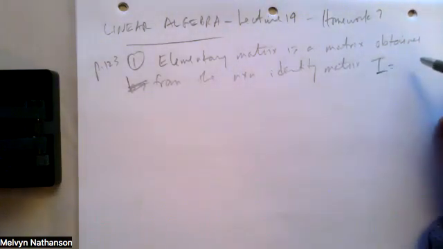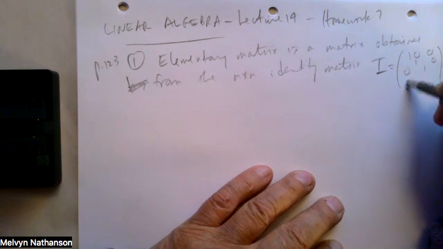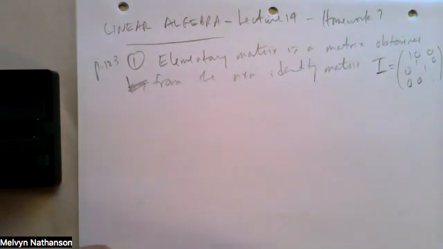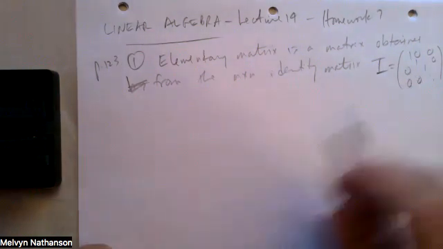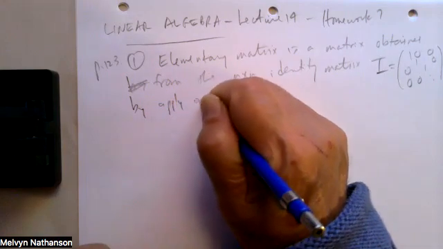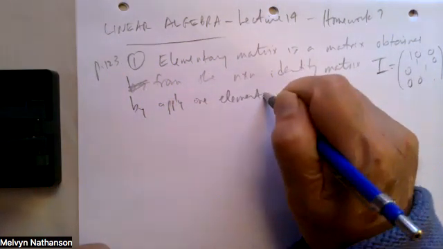What is that? Identity matrix of any size is a matrix with one down the diagonal and zeros everywhere else. So it's a matrix obtained from the identity by applying one elementary row operation.